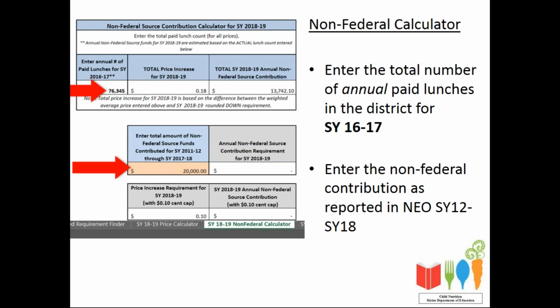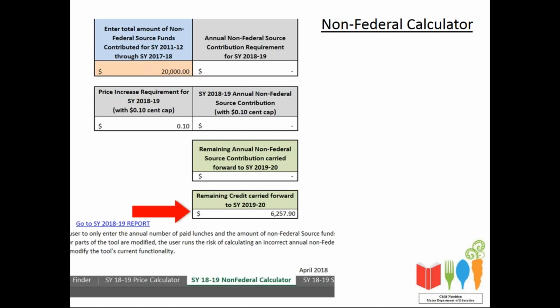In our example here, we entered $76,345 annual paid lunches and $20,000 general fund transfer between school year 2012 and 2018. If you scroll down on this page, you will see that the program has received sufficient non-federal funds and even has a credit carried forward for next year.